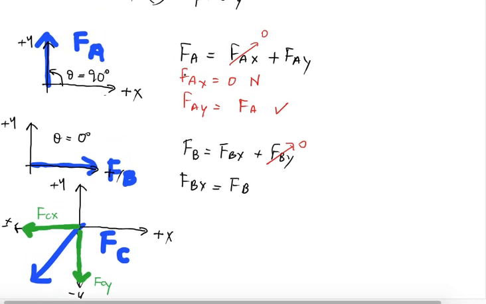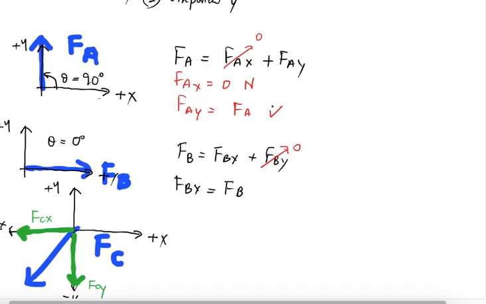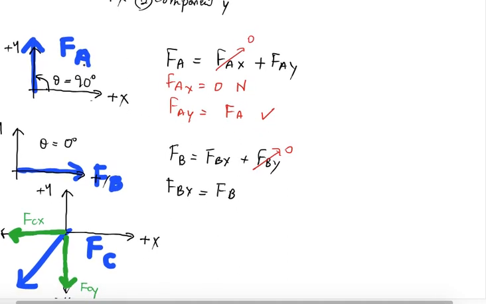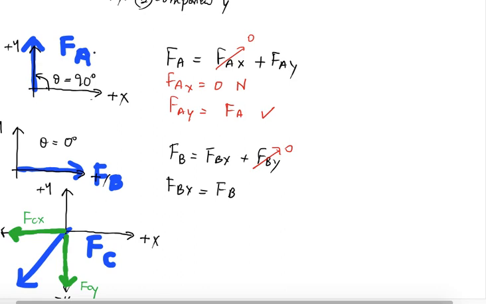So to calculate x and y, you have to use this theta value. Let's say the question gives you FA, all these vectors, FA equals 10 Newton.